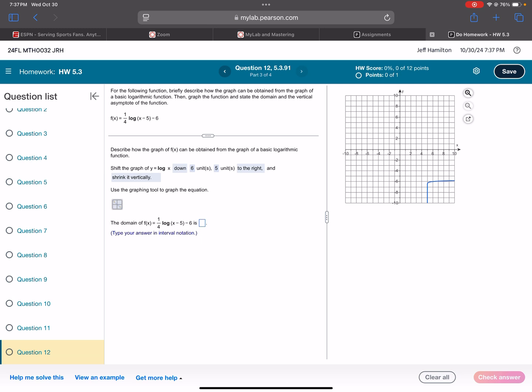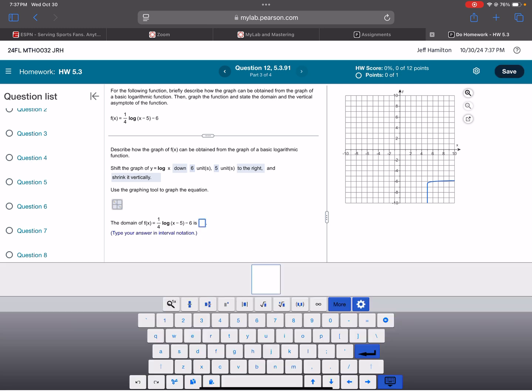So I'm going to say that the domain is, I'll put a bracket. So it looks like I start at 5, comma, and I end at infinity, and then another end bracket.